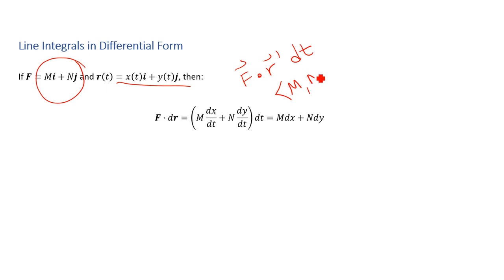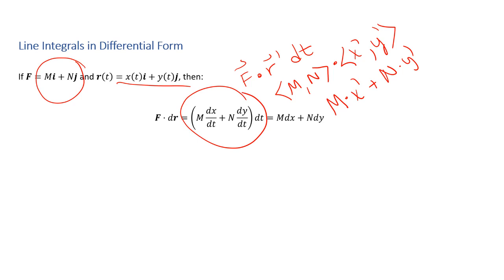If F is M, N and r prime is x prime, y prime, when we take the dot product, we get M times x prime plus N times y prime. And so that's what I have written down right there.